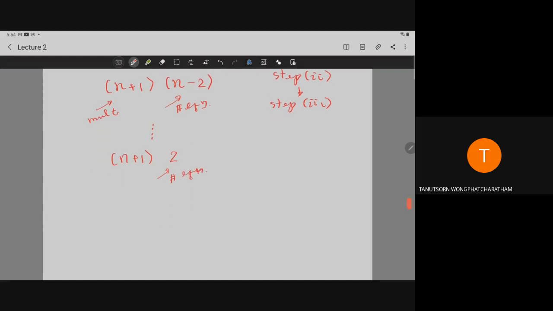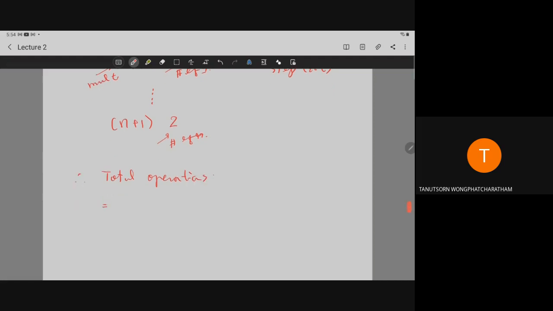Okay. Therefore, the total operations in this case is going to be equal to n plus 1 multiplied with n minus 1 from above, plus n plus 1 multiplied with n minus 2, and plus all the way to n plus 1 multiplied with 2.